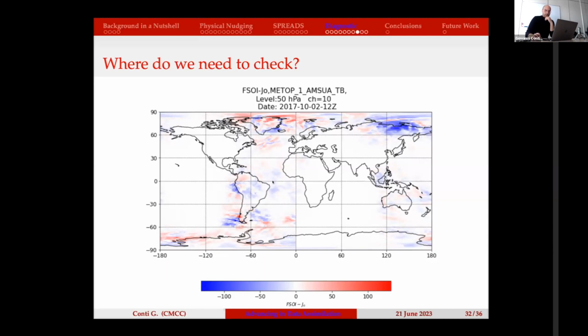And you can see where it degraded the forecast, in blue, or degraded the forecast, in red, or improved the forecast in blue. This was just a prototype. Actually, you need to consider a large statistical mean in order to really understand where the model is failing, or whether our data assimilation is failing or not.